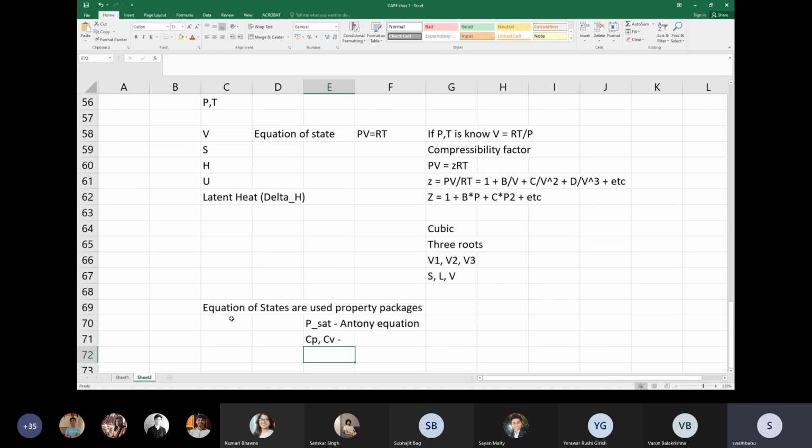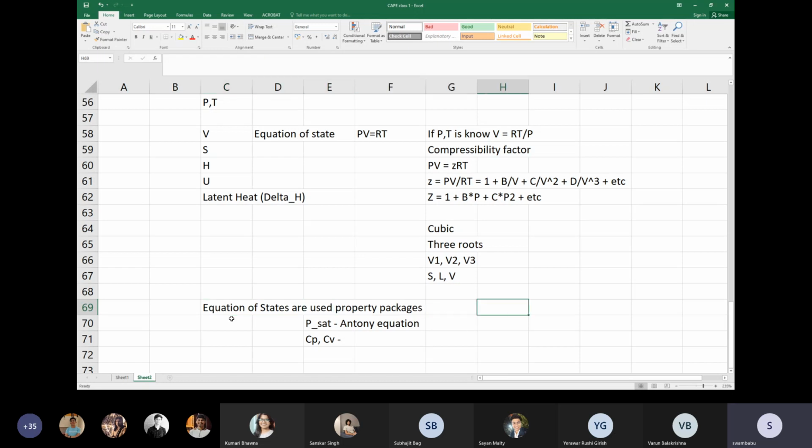So they combine the equation of state and some of the experimental data together and express them as one package. That's why we don't directly use the equation of state; rather, we use a property package. In the background, it takes the majority of information from the equation of state, and some data from practical experiments; together they are called property packages.